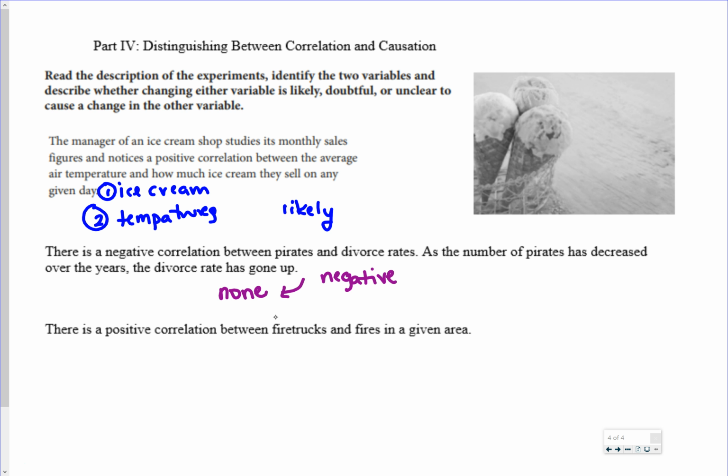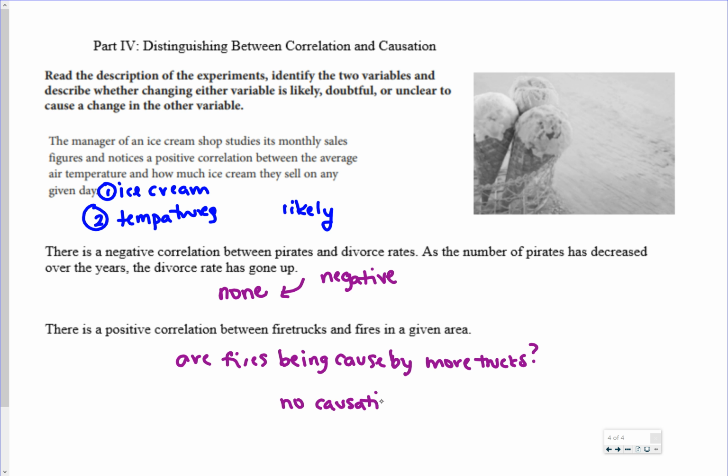Are fires being caused by more fire trucks? And I'm going to have to say no here. It's not like when a fire station purchases another truck, suddenly 4 more houses are going to catch on fire. So there's no causation here.